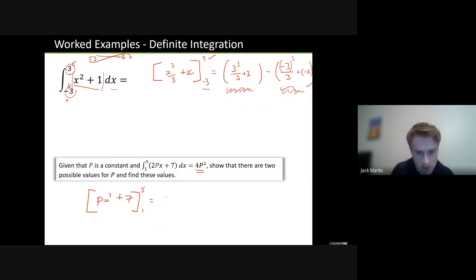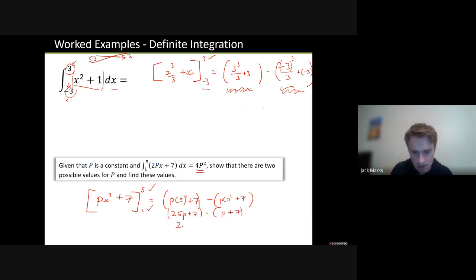So we do this thing again, set up the working out. So p multiplied by 5 squared, so you handle the 5 first, plus 7. Then you do the same for the 1. So p multiplied by 1 squared plus 7. Simplify this, well, we can just do that now. So that's 25p plus 7 minus p plus 7.